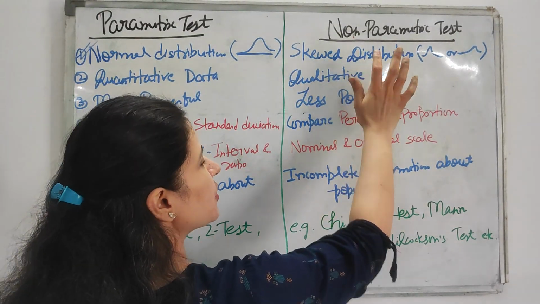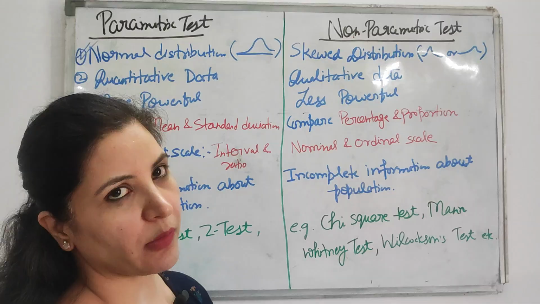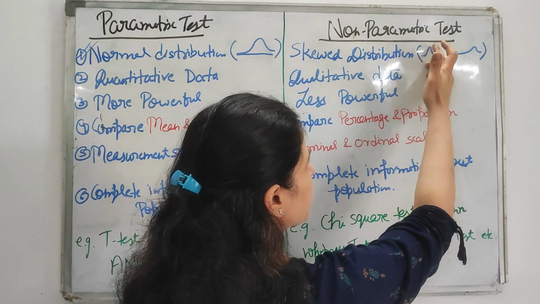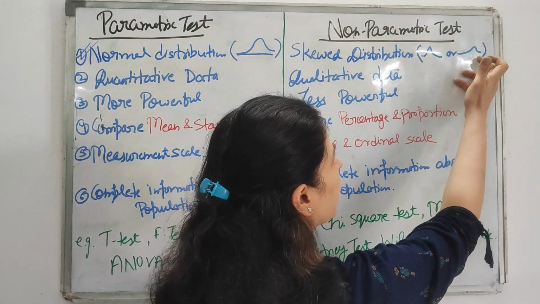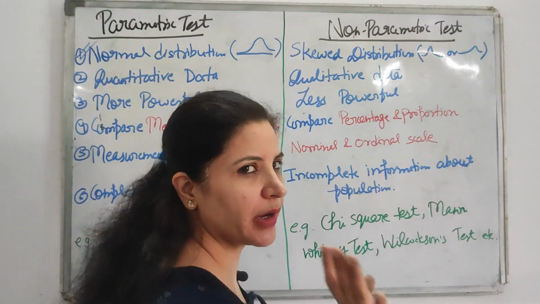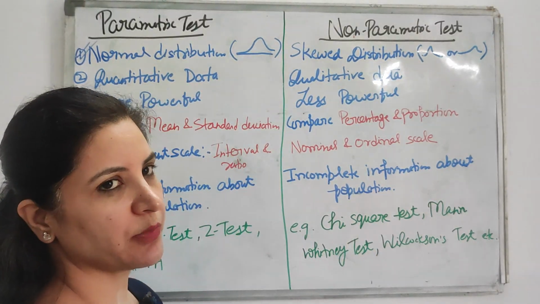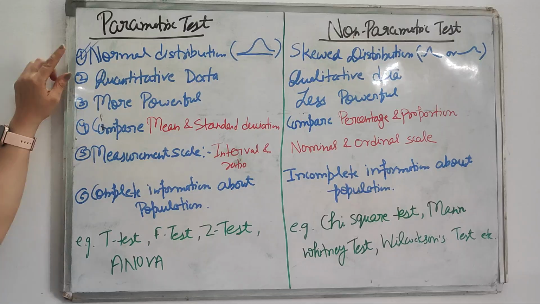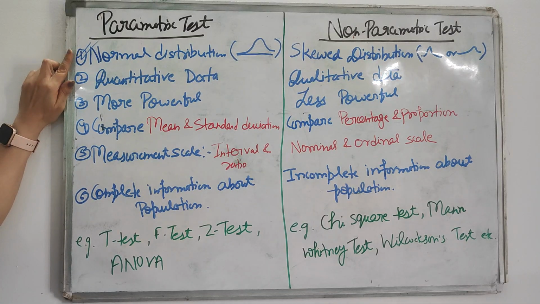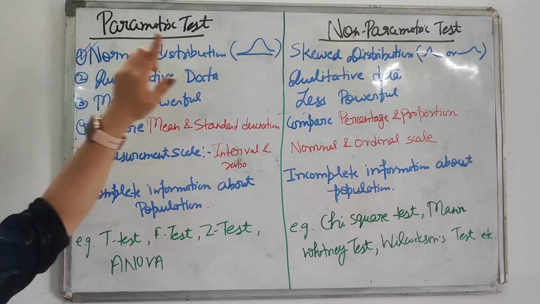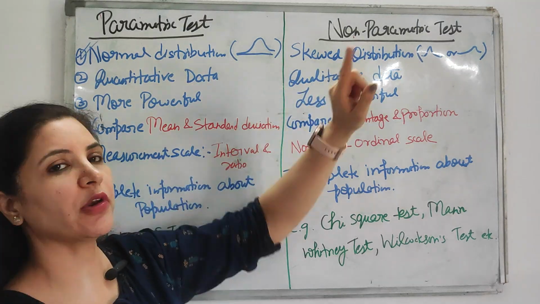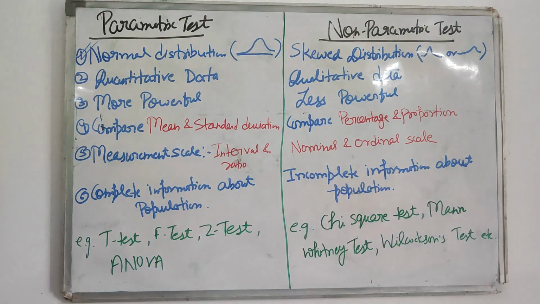And skewed distribution is that which doesn't follow normal distribution. Either it is more on this side or more on that side, so it is not bell-shaped. So the first difference is that parametric test you will use for normally distributed population, while non-parametric test is used for your skewed distributed population.